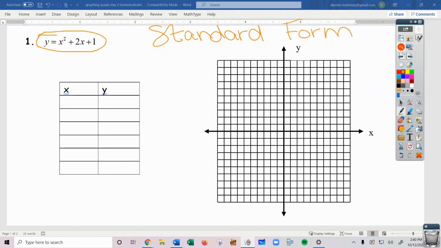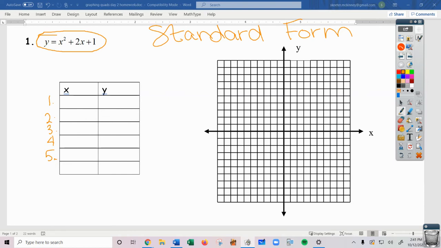So if we want to graph in standard form, the key to graphing any quadratic is that we want to have 5 points. And we know that the very middle point of the quadratic is going to be the vertex. So when we are looking at a table, no matter how big you make your table, you want to have 1, 2, 3, 4, 5.